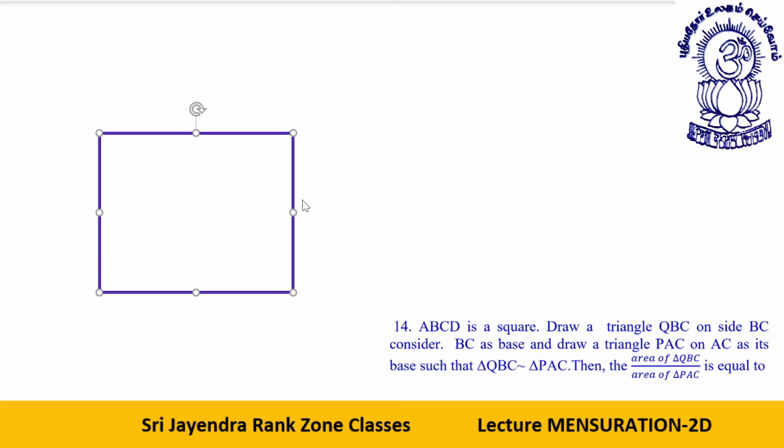Draw a triangle QBC on side BC. A, B, C. Here I draw a triangle QBC on side BC. Consider BC as base and draw a triangle PAC on AC.